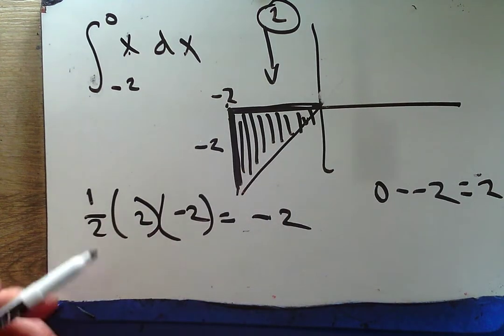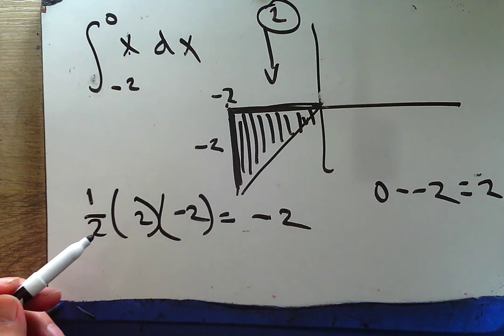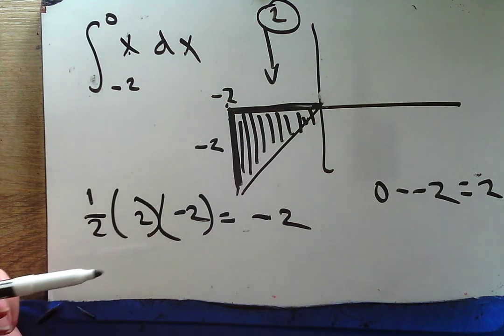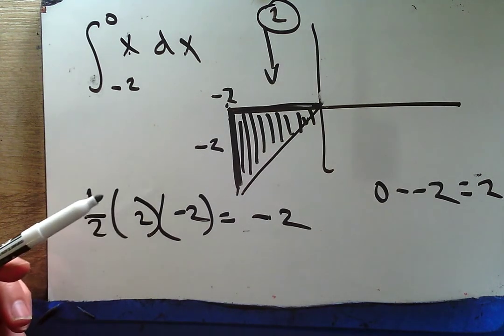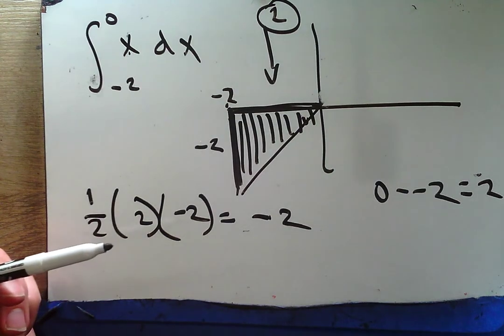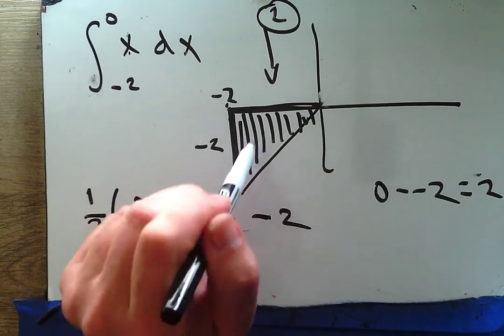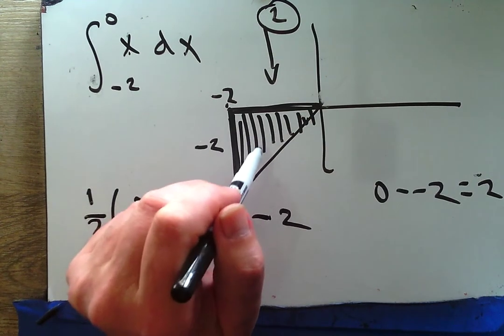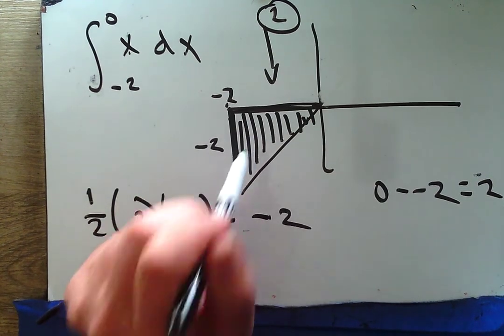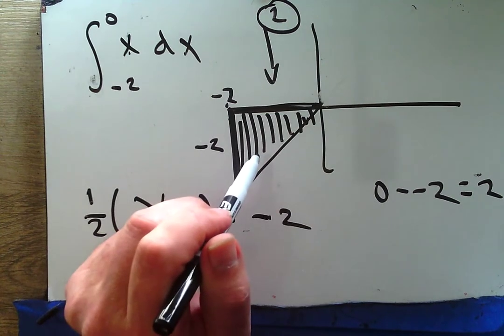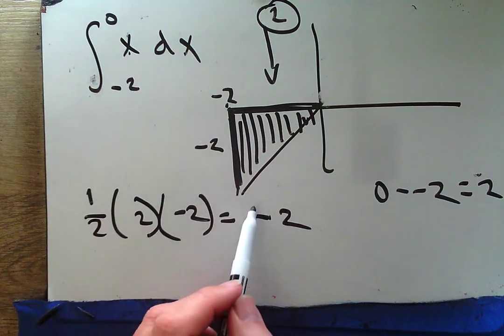Area can only be positive. I'm appealing to the geometry of the situation by using an area formula, but if my region is below the x-axis, that integral has to be a negative number. And that's what I see here.